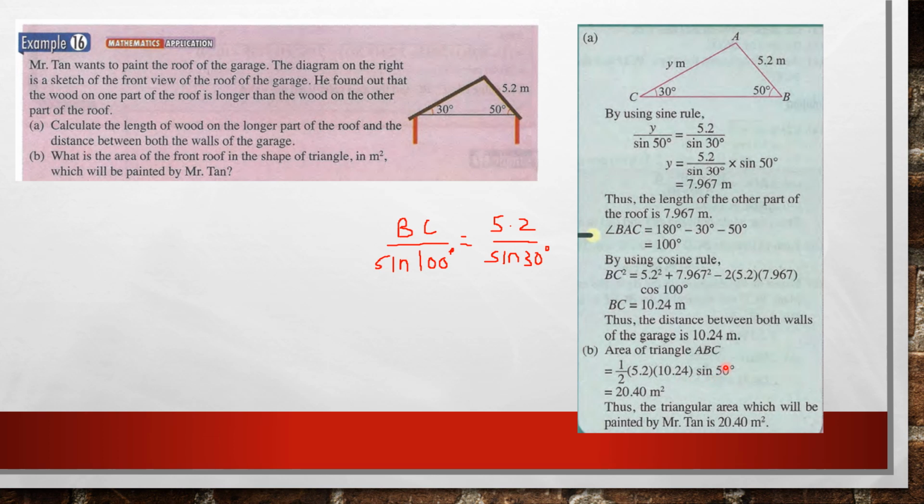So they use sine 50. Or you want to use sine 30 also can, or sine 100 also can. Depends on which one you want to use. Because you know all the sides and the angles. So the area is 20.40.